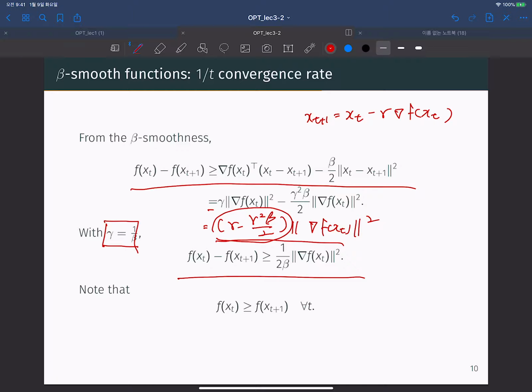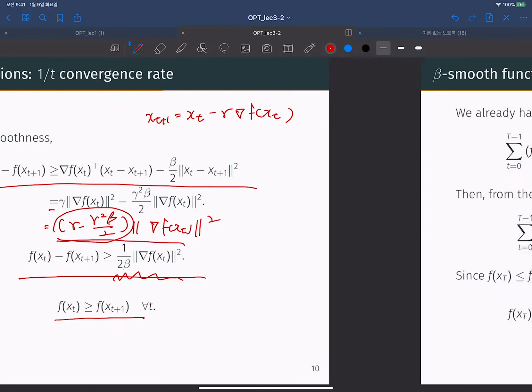Which means every time we decrease the objective function value by at least 1 over 2 beta times the gradient of f(x_t) normed square. So we can always decrease the function value with that margin. Okay, so this is a very nice property.